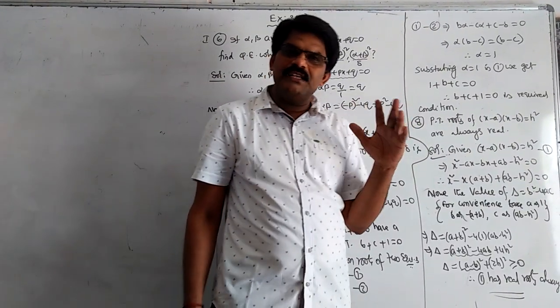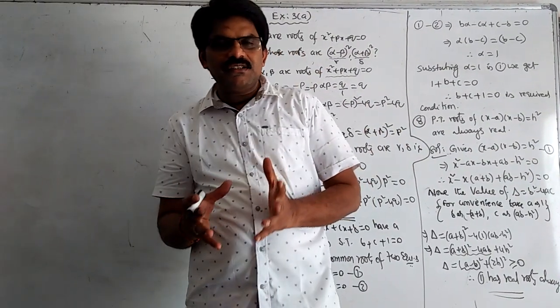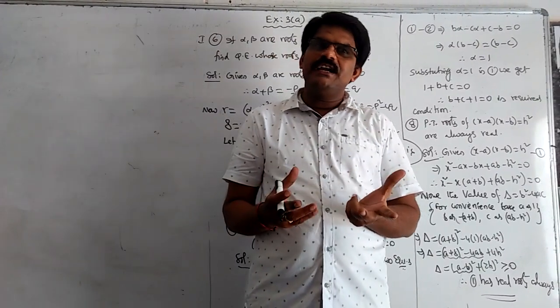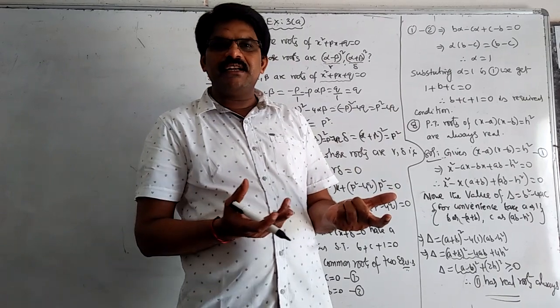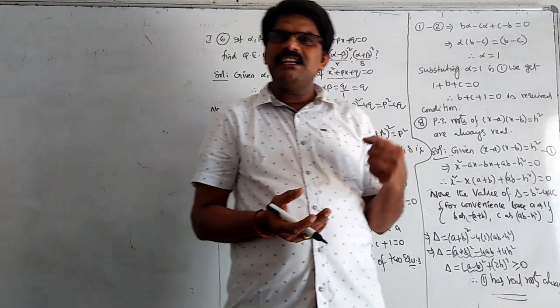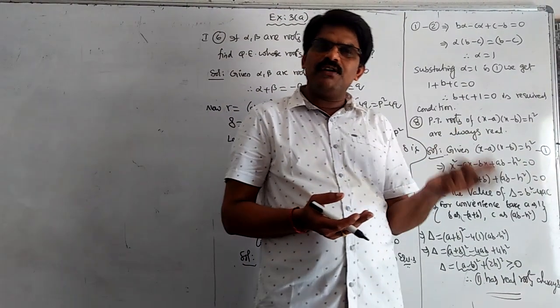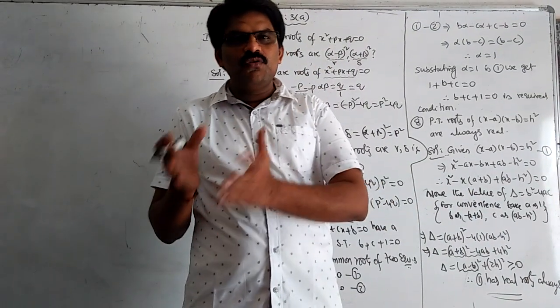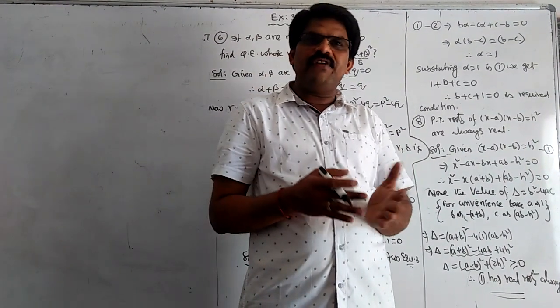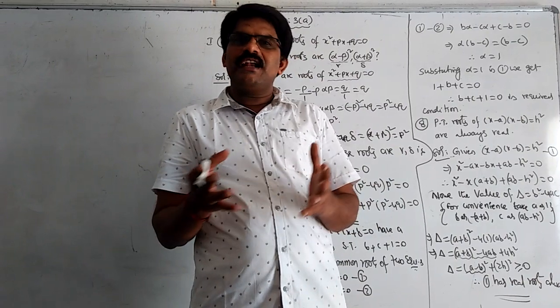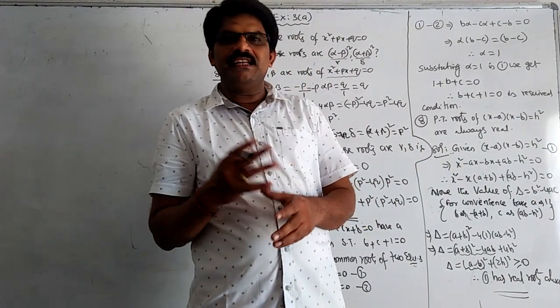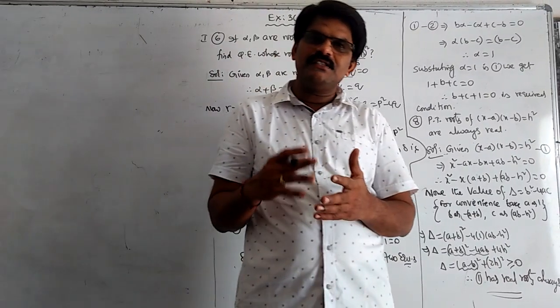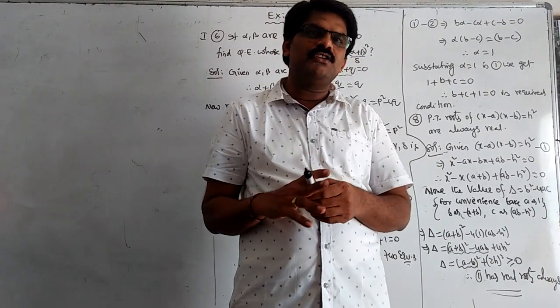Up to now, we discussed what is the quadratic equation and what is the quadratic expression and the rules of the quadratic expression, and we discussed the discriminant delta, b square minus 4ac, and the nature of roots. By giving the quadratic equation we are finding the roots, and by giving the roots we are finding the quadratic equations, and by taking alpha and beta values, some relations between alpha and beta, that is alpha plus beta whole square, alpha square plus beta square, alpha cube plus beta cube, like that.